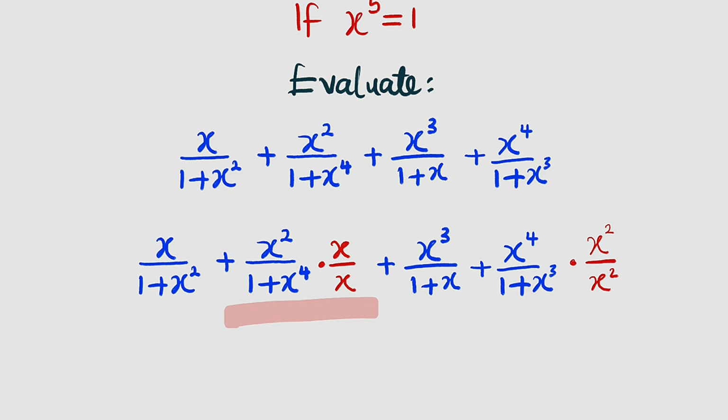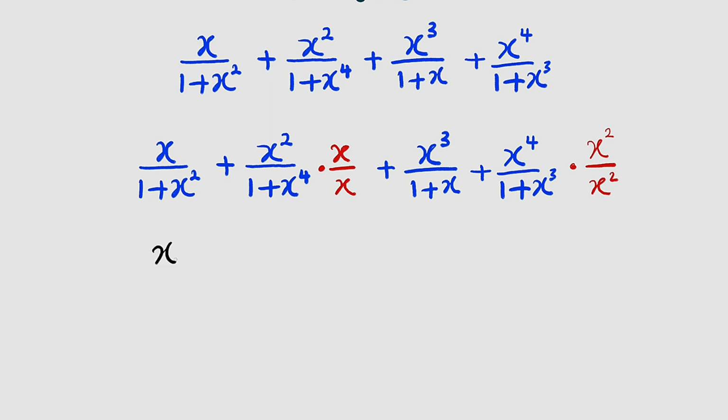So let's simplify. This is x divided by 1 plus x squared plus, if you multiply the top, x squared multiplied by x, we obtain x to the power of 3 divided by 1 times x is x, and x to the power of 4 times x is x to the power of 5. So we have x plus x to the power of 5.